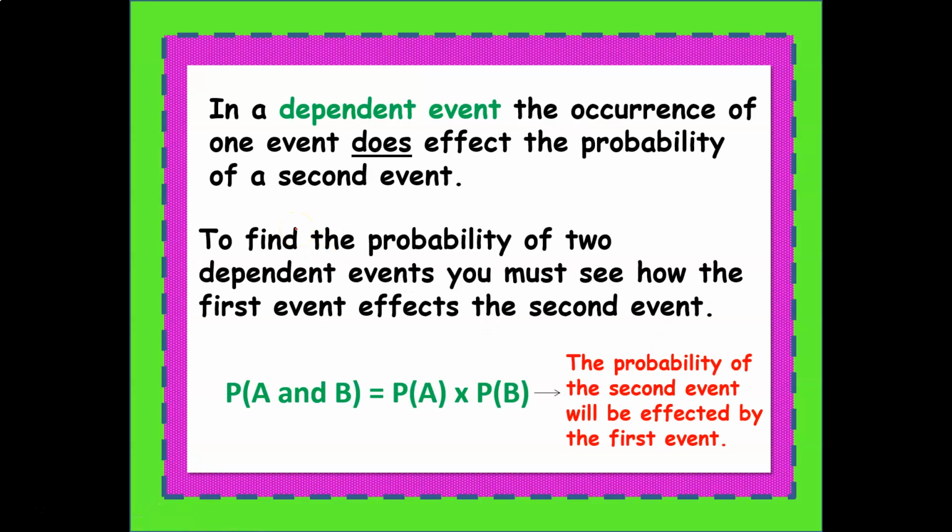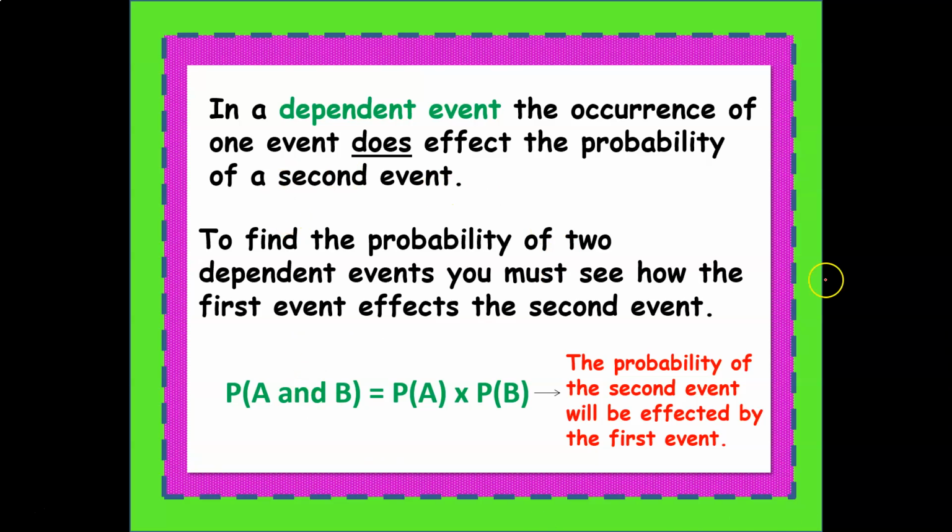So a dependent event is the occurrence of one event that does affect the probability of the second event. With independent events, it didn't affect them at all, but with dependent events, it does affect them. To find the probability of two dependent events, you must see how the first event affects the second event.